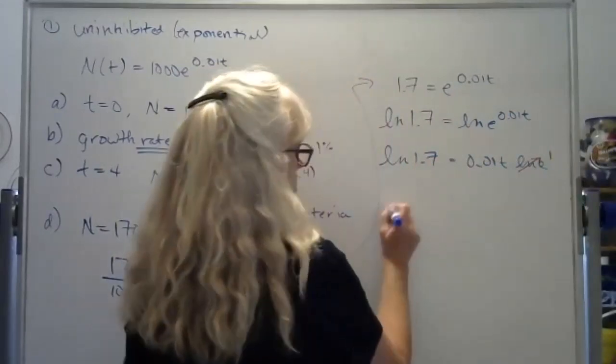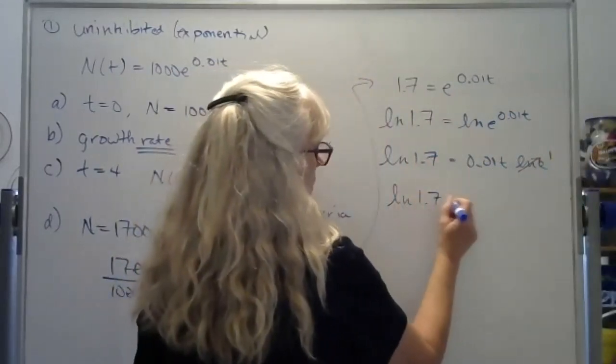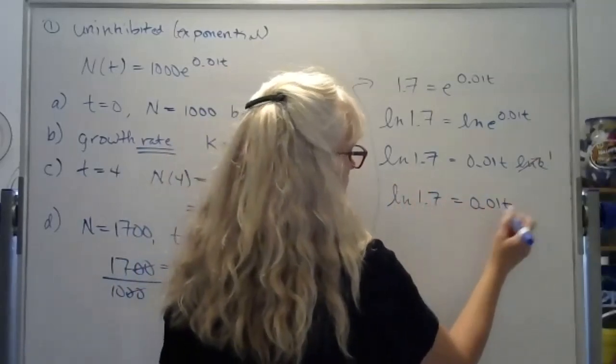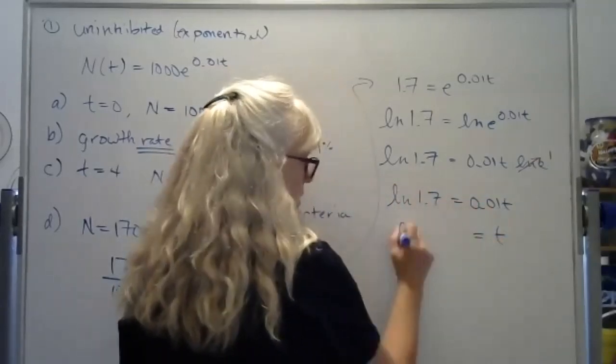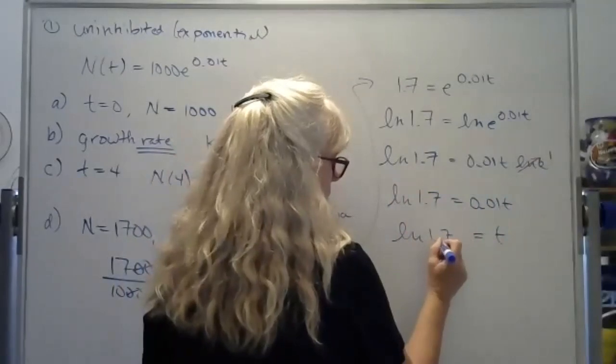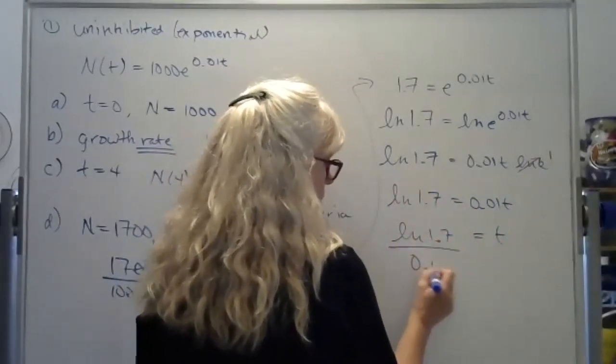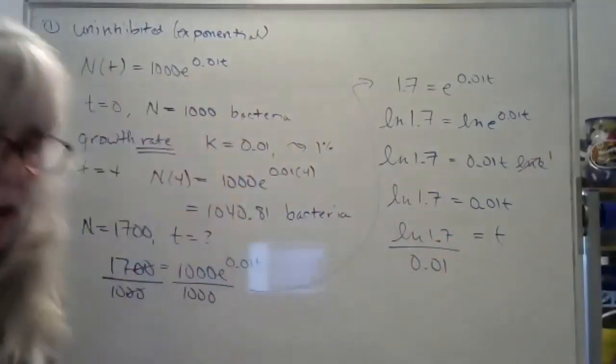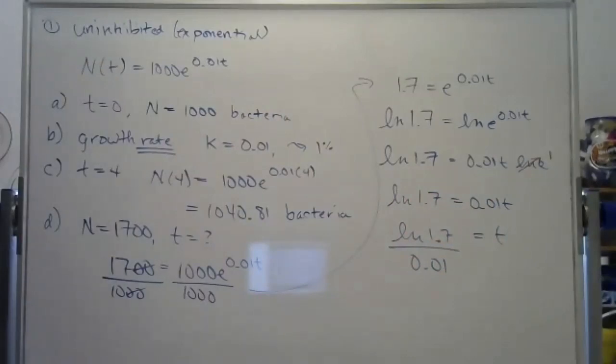So now we just have the natural log of 1.7 equals 0.01 t. We'll divide and be done. So the natural log of 1.7 divided by 0.01 is going to give us how long it takes to reach that 1,700 mark.